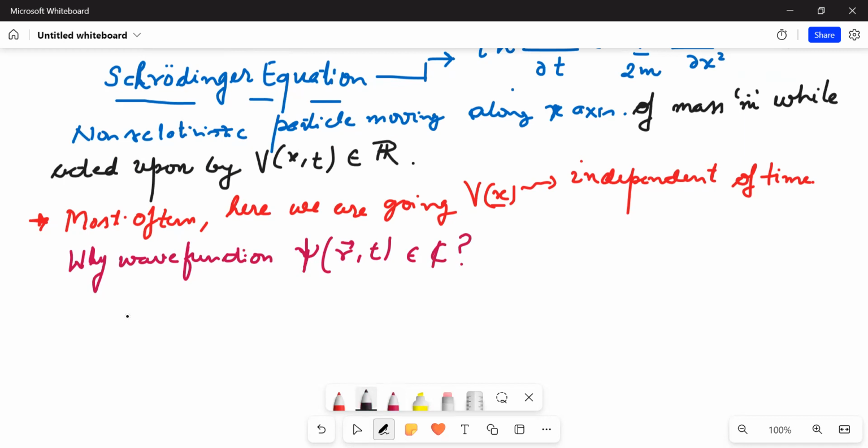See, if the wave function was a real valued function, then just consider the Schrodinger equation.